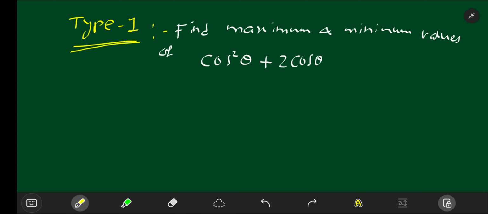Let's do step 1. Start with step 1. What is step 1? Let cos theta be equal to x, and this will be x square.